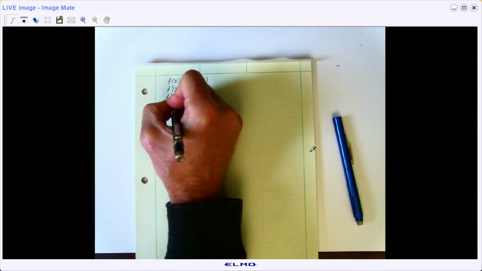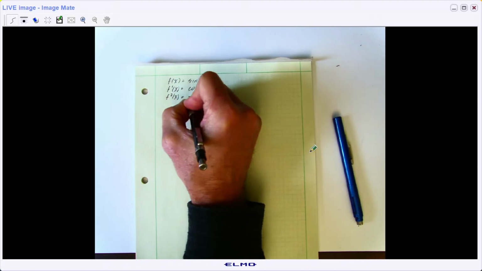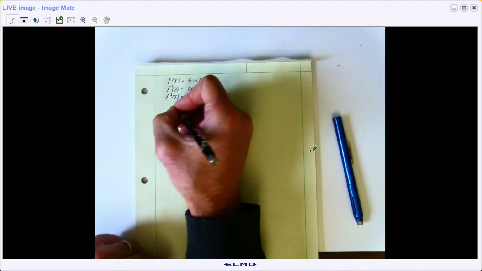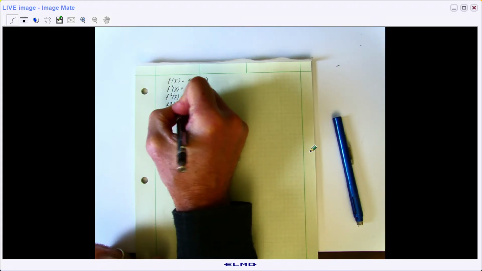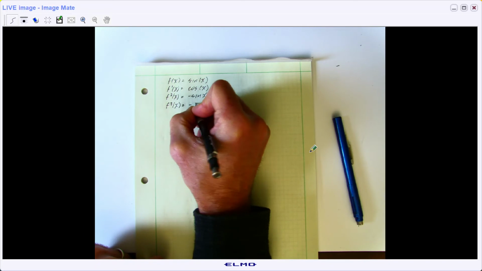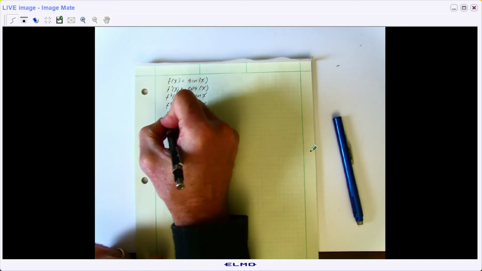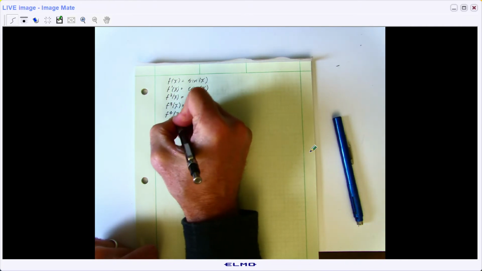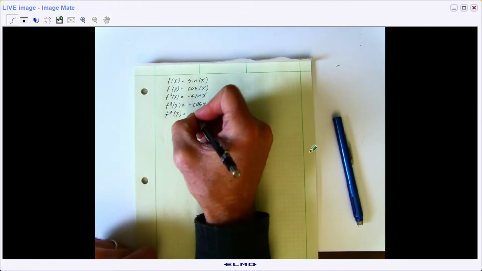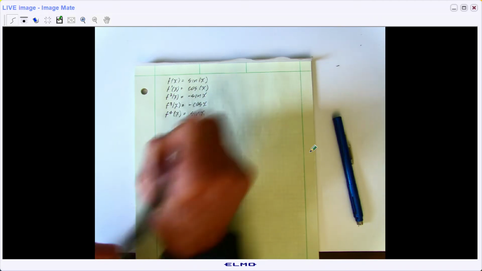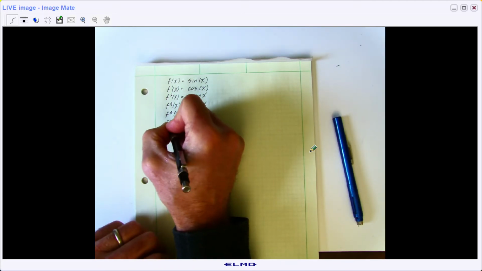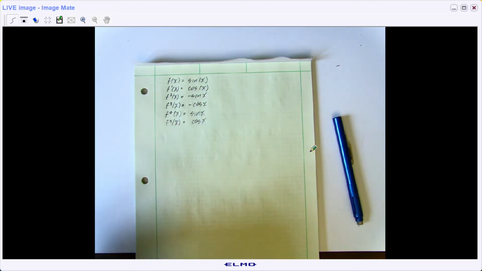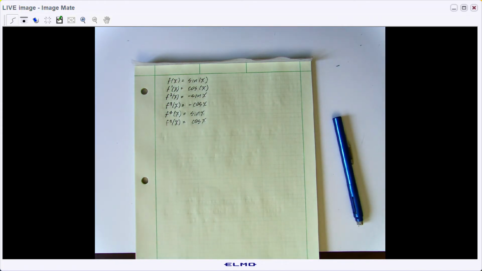The second derivative will be the derivative of cosine, negative sine x. The third derivative, derivative of sine is cosine, so negative cosine x. And the fourth derivative is going to be, derivative of the cosine is the negative sine, so this becomes positive sine of x. And the fifth derivative is going to be cos x again. Okay, I'm going to pause here.